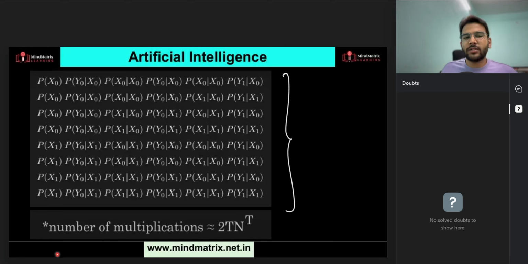But now if you carefully observe, how many multiplications are there? Exponential multiplications we are doing. What is n here? What is t here?